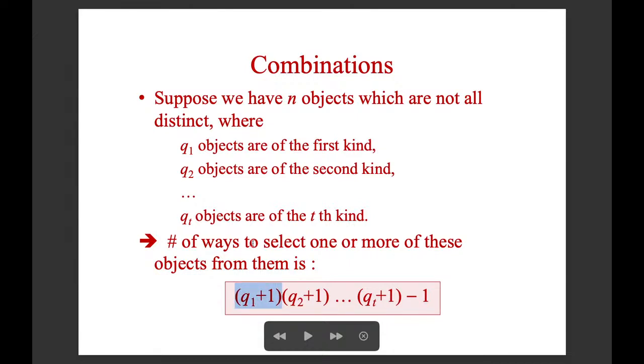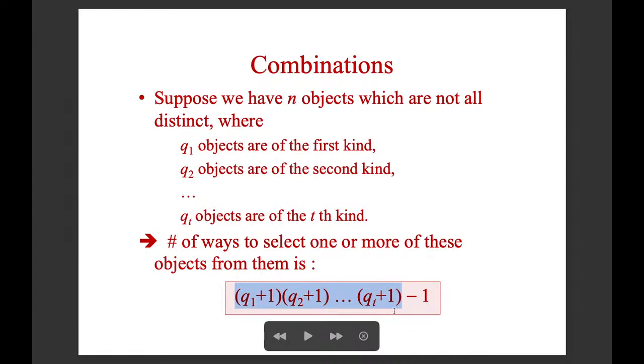After that, we select the objects of the second kind that we want to have. There are Q2 plus 1 ways to do so, and so on, up to Qt plus 1 ways to do the selection of the objects of the tth kind. But why do we want to have a minus 1 here? Because this product includes the case where we are not selecting anything of the first kind, nor of the second kind, and so on.